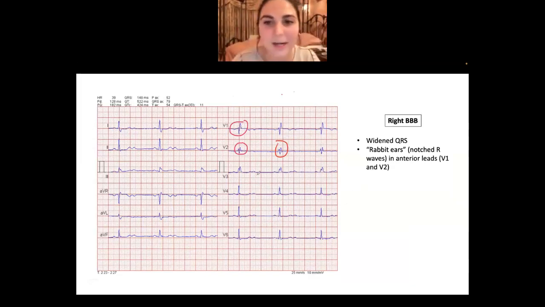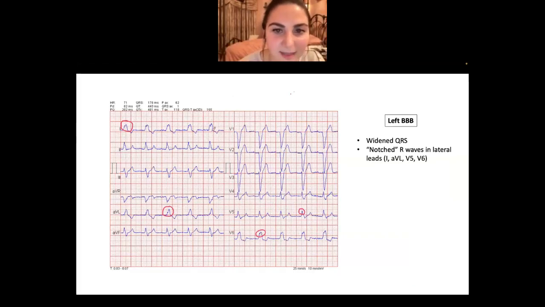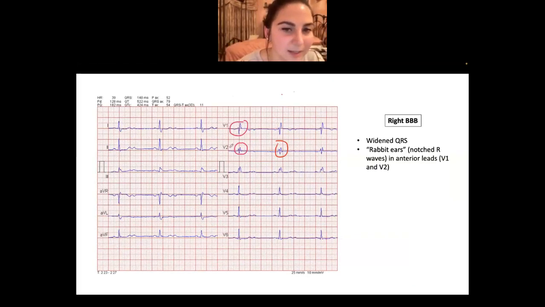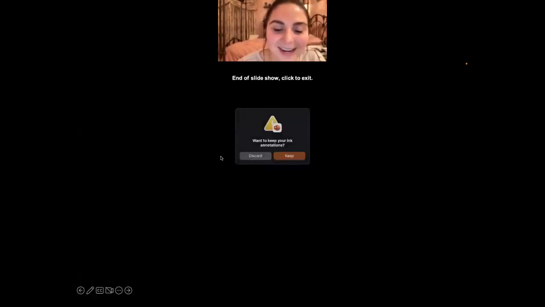It's not going to be as tall as the left side because the right side's not as thick as the left side, so it doesn't look as notched. It more so looks like two separate peaks. So that's your bundle branch blocks.